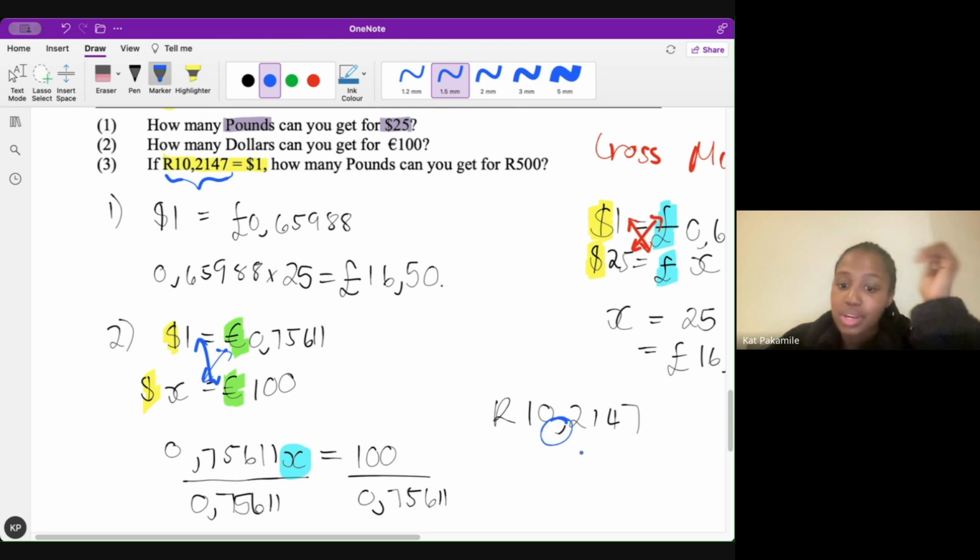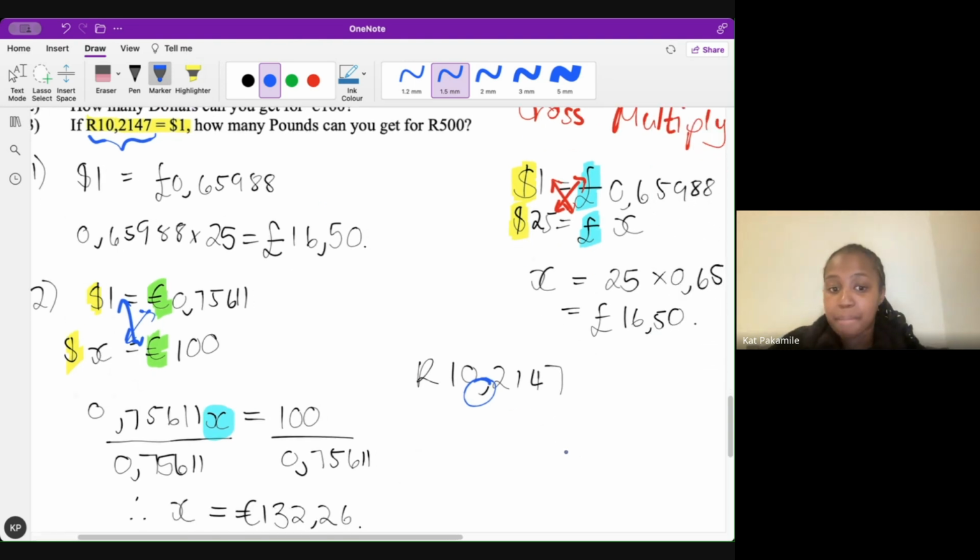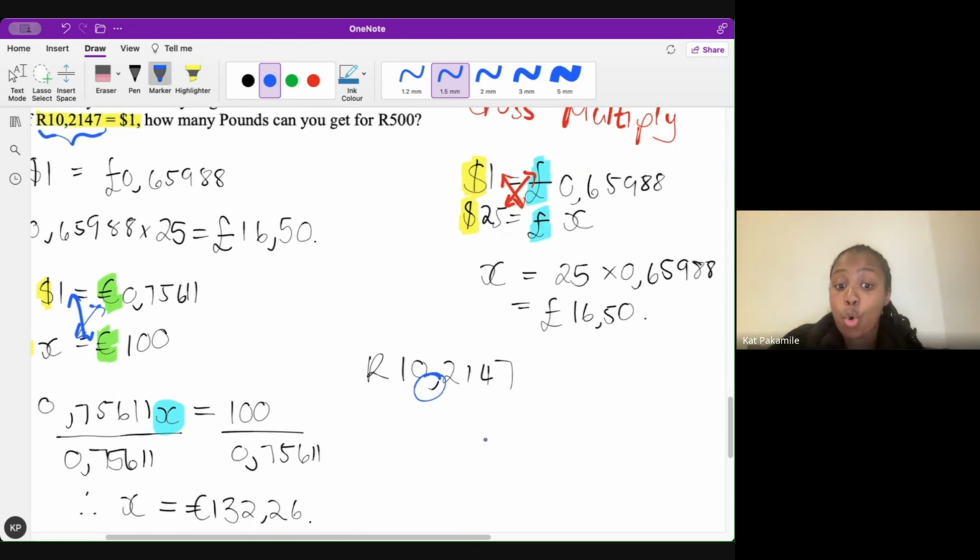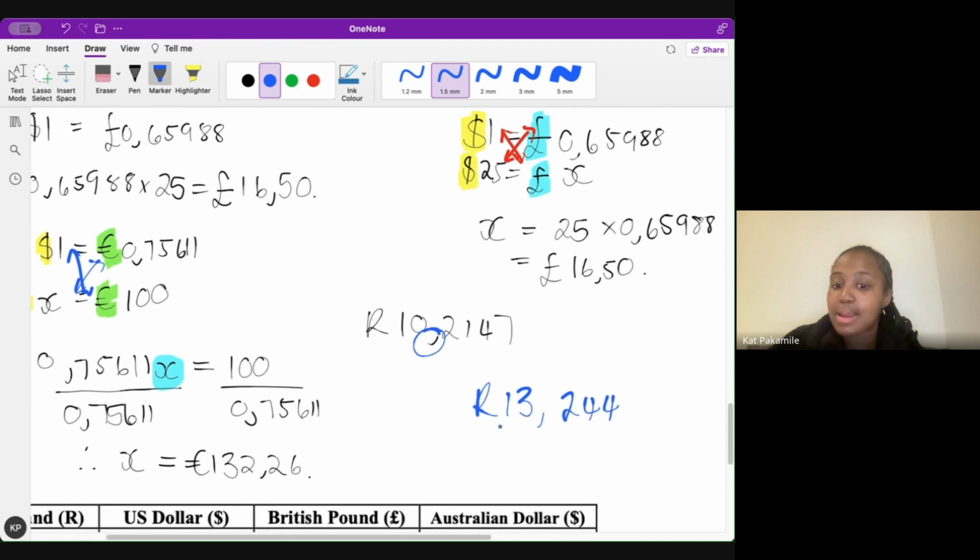It's not a separator, okay? It's not a separator at all. So I know some of you might see something like this, comma 244, and think this means 13,244, but it actually doesn't, okay? It means 13, comma 244. Are we with me? All right. Okay, so now let's get going.